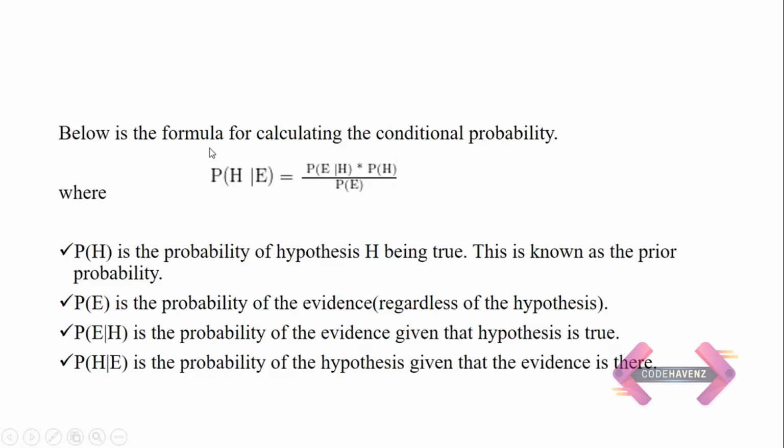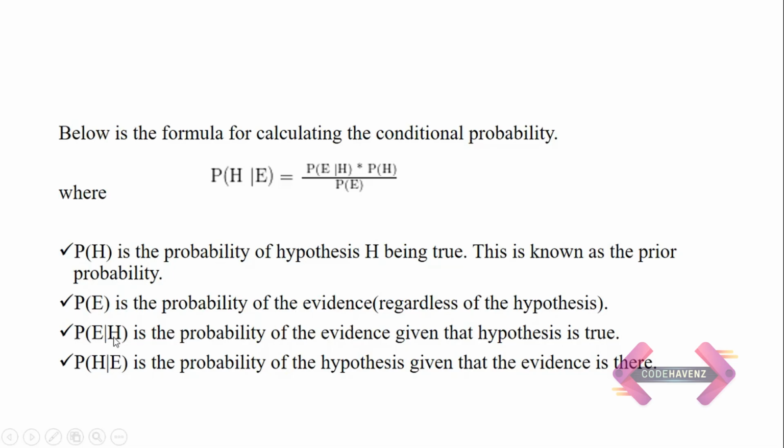After that, here I have defined the Bayesian theorem, that is, the conditional probability based upon which it will classify the instance. Here P of H, that is probability of H, is the probability of hypothesis H being true. This probability is known as the prior probability. Probability of E is the probability of evidence.